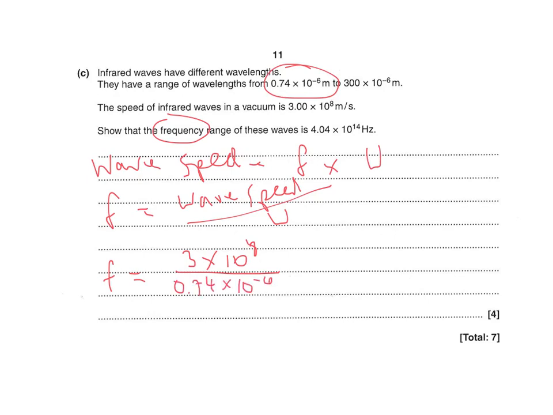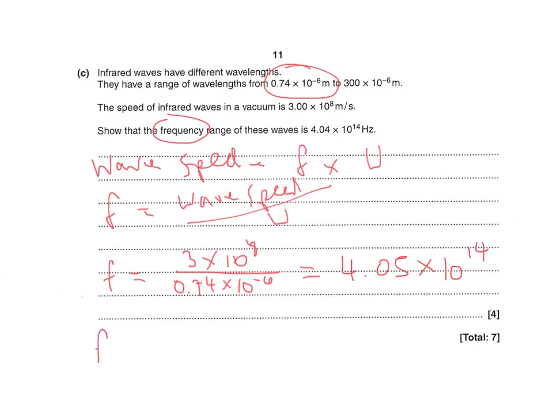Now if you're unsure how to type that into your calculator, please ask your teacher to show you, because it's really important you can do that for the exam. That equals 4.05 times 10 to the 14. If you wrote it as just a big number, that's also fine.